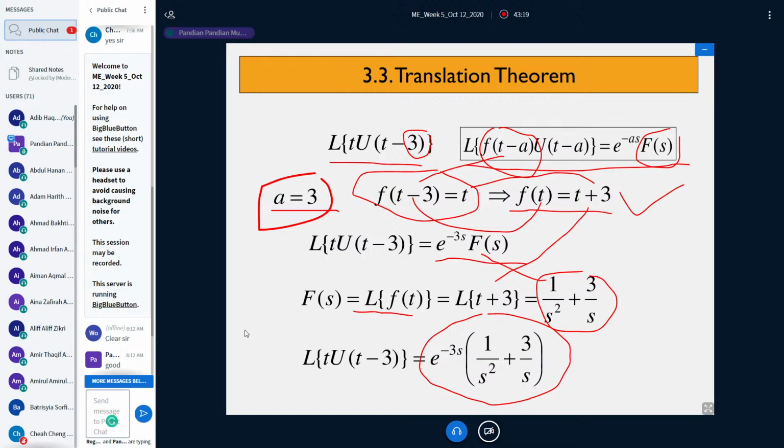Same. a equals to 3. Same. This a, you must make it 3. No, we have to make it 3. t minus 3. But this t minus 3, this one you want to make it, in the problem is t.